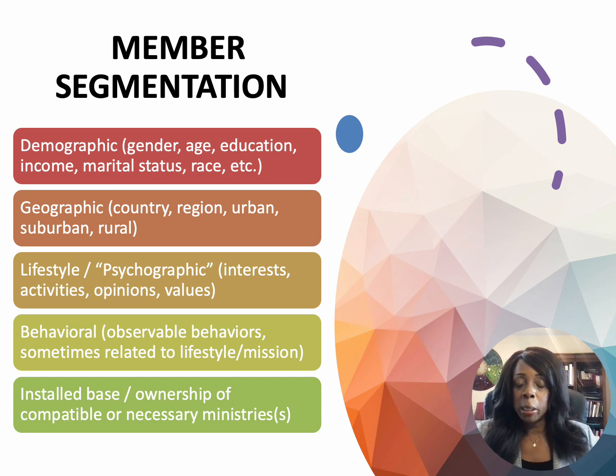My goodness, that's a big issue that sometimes we're afraid to touch, but we have to look at what God has called us to address. What is going on in terms of the interests, activities, opinions, values, and how do we address those issues? The behavior, the observable behavior, the mission of the people that we serve, and the installed base or the ownership of the compatible or necessary ministries.